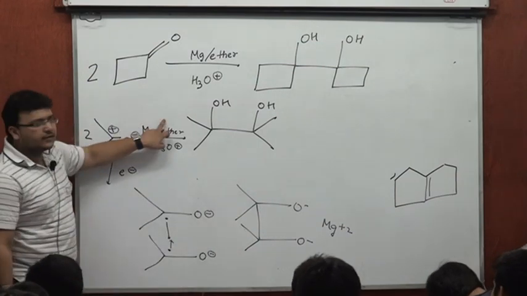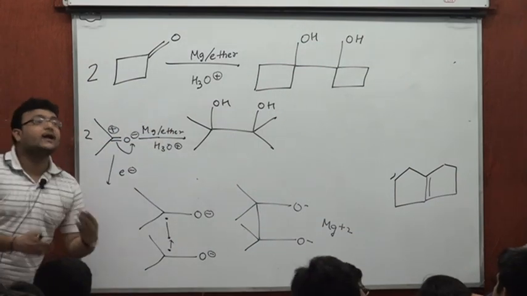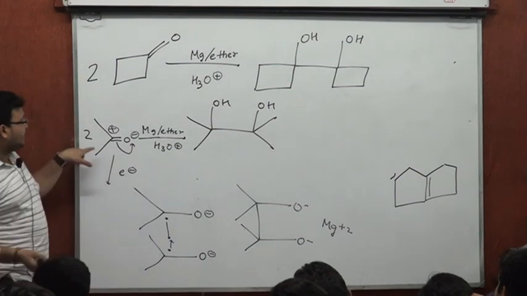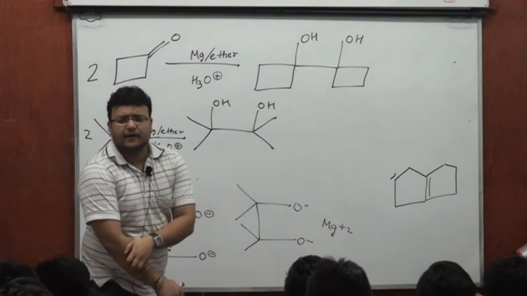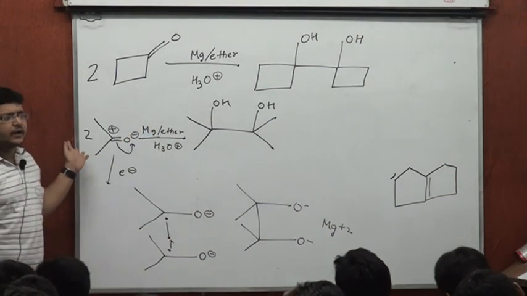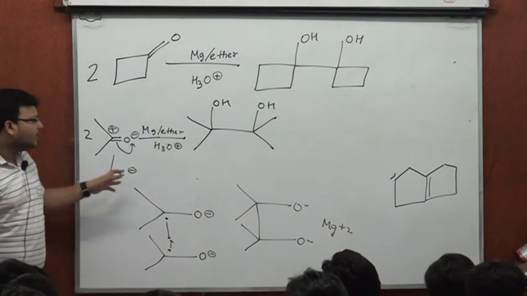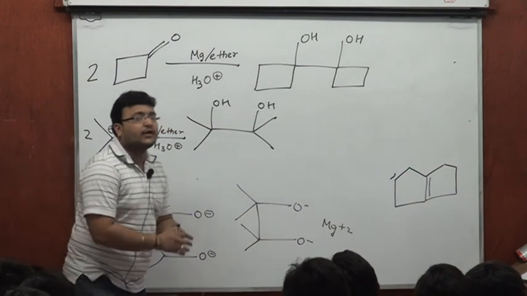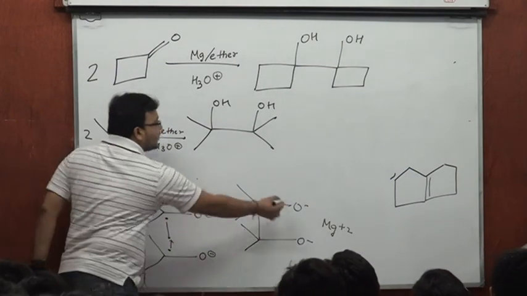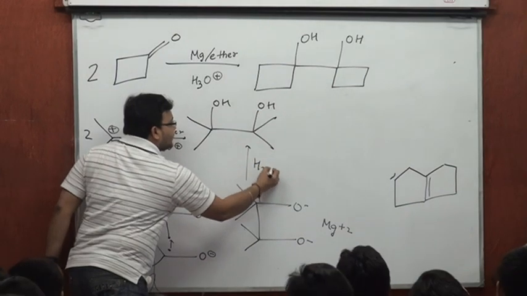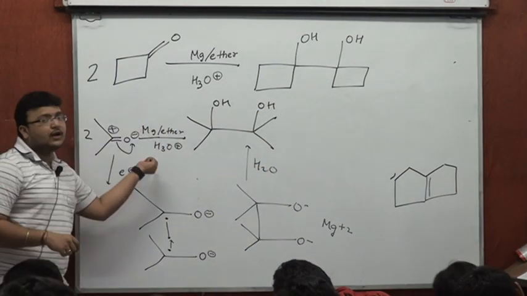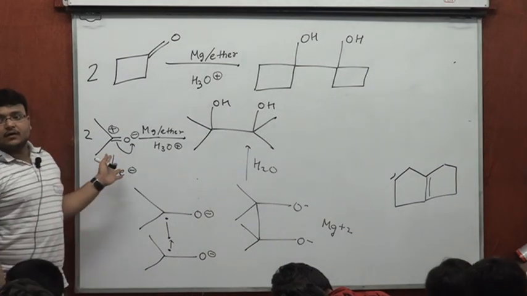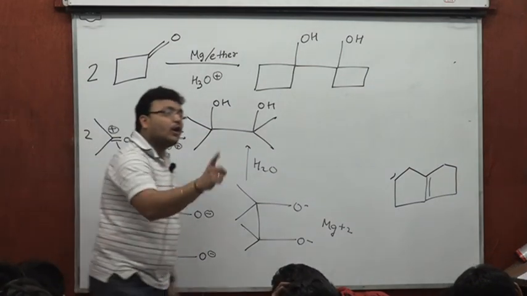So magnesium and ether is good at reducing. If it donates its electron, it's acting as a reducing agent. It's reducing the aldehyde or ketone initially to a radical anion and then to a dimer, and this on hydrolysis will convert O minus to OH. So this is how magnesium, ether and hydrolysis would convert a carbonyl to a diol.